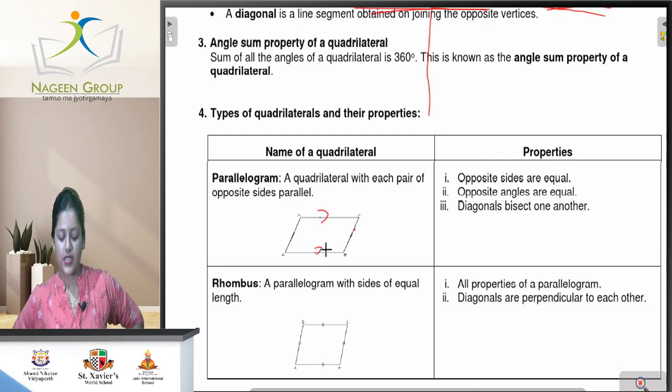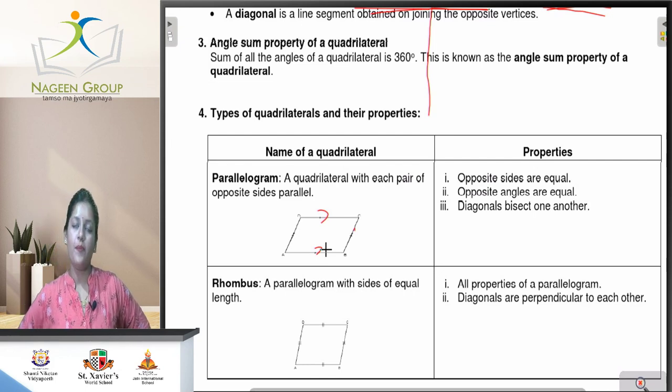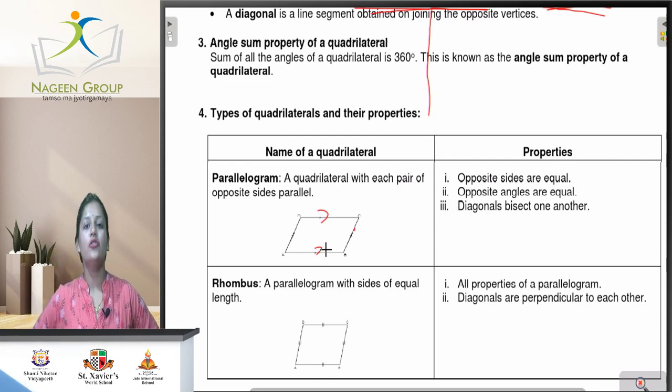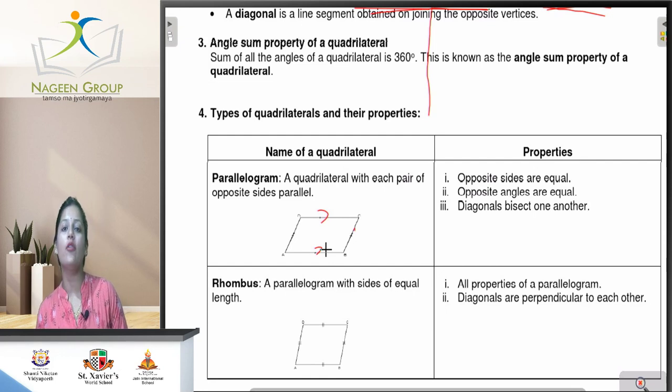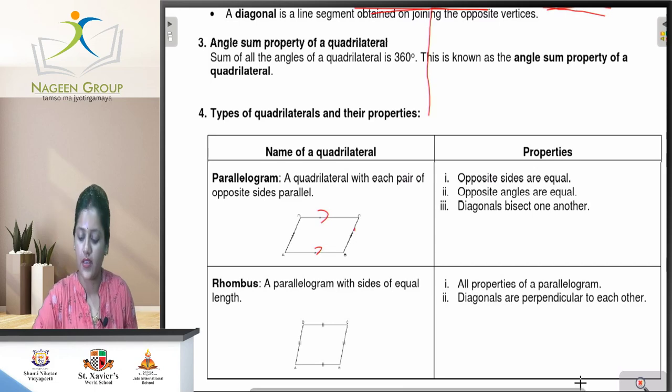It has all properties of a parallelogram, and one new property is that the diagonals are perpendicular to each other, meaning they bisect and are perpendicular at the same time.